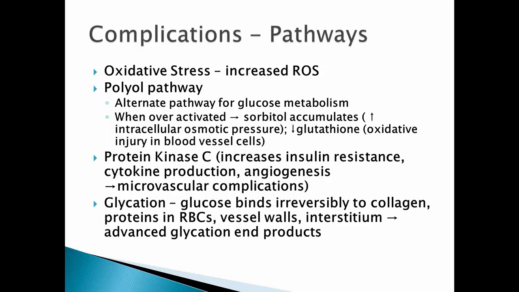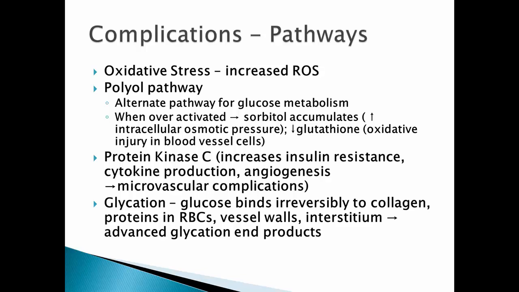In the polyol pathway, this is an alternate pathway for glucose metabolism, but it's especially used for tissues that don't need insulin for glucose transport. So this is the kidneys, the red cells, the vessels, and the peripheral nerves. When this polyol pathway becomes overactivated by persistent hyperglycemia, there's an accumulation of sorbitol.